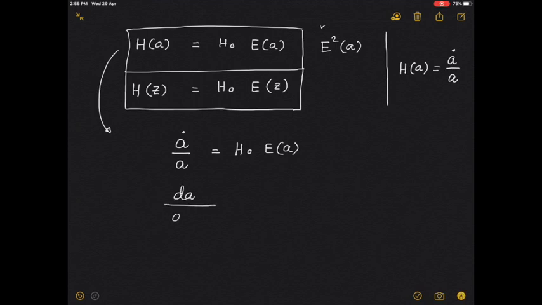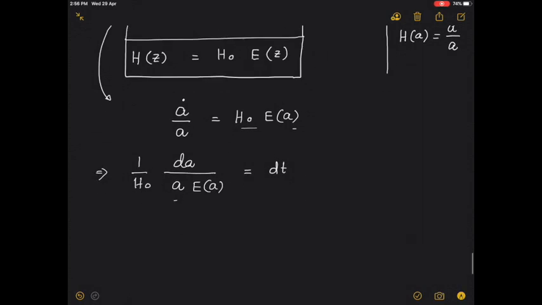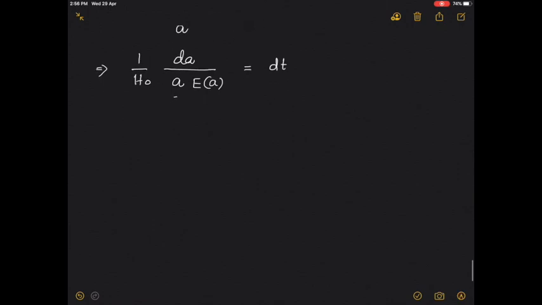A dot is dA by dt, so I can write dA by a E of a, times 1 by H naught, equals dt. Right? dA by dt is a dot, divided by a, and then I have just put these things in the denominator in the first term.